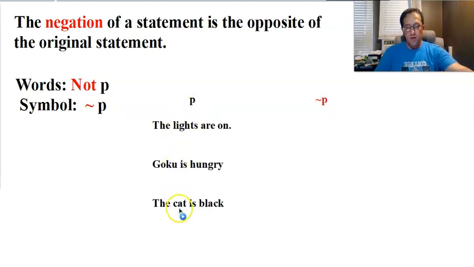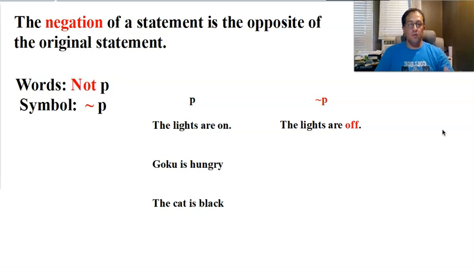So here we have our P's, and here we have not P. First, the lights are on. We want not that. We want the opposite of the lights being on. Well, that would very simply be the lights are off, right? So that is the negation of the lights being on.